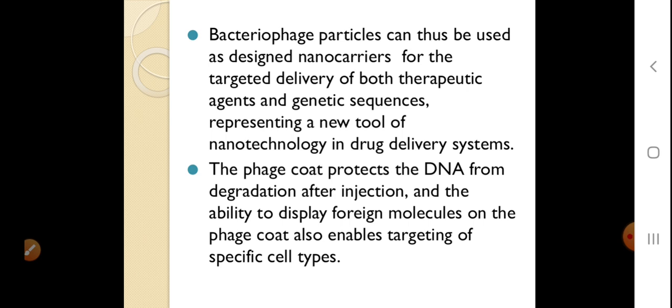So to summarize, bacteriophage particles can thus be used as designed nanocarriers for the targeted delivery of both therapeutic agents and genetic sequences. Okay, so the major role of the phage coat here is to protect the DNA from degradation after injection, and the ability to display foreign molecules on the phage coat enables the targeting of specific cell types.